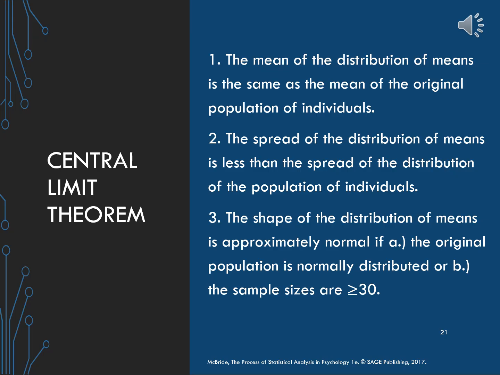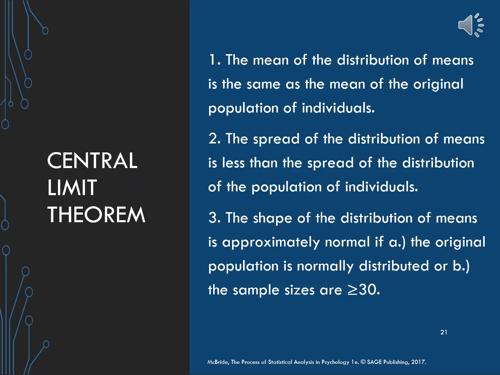Okay, so to summarize the central limit theorem, it's saying that the mean of the distribution of means is the same as the mean of the original population, but the spread of the distribution of means is going to be less than the spread of the original population distribution.